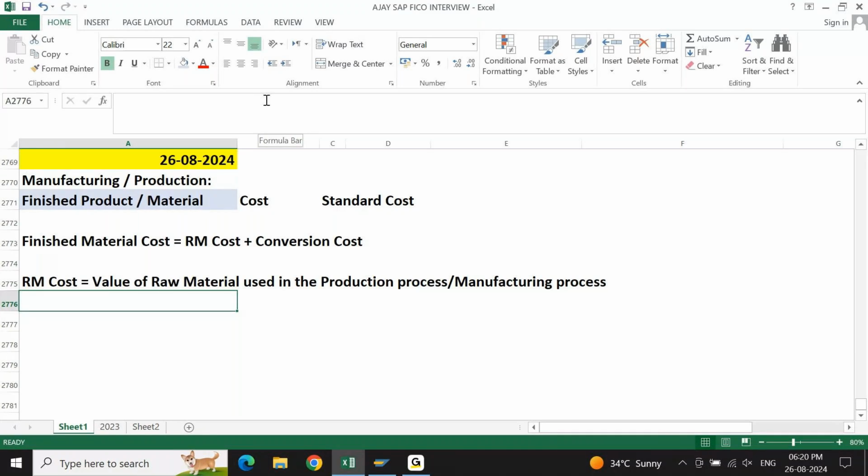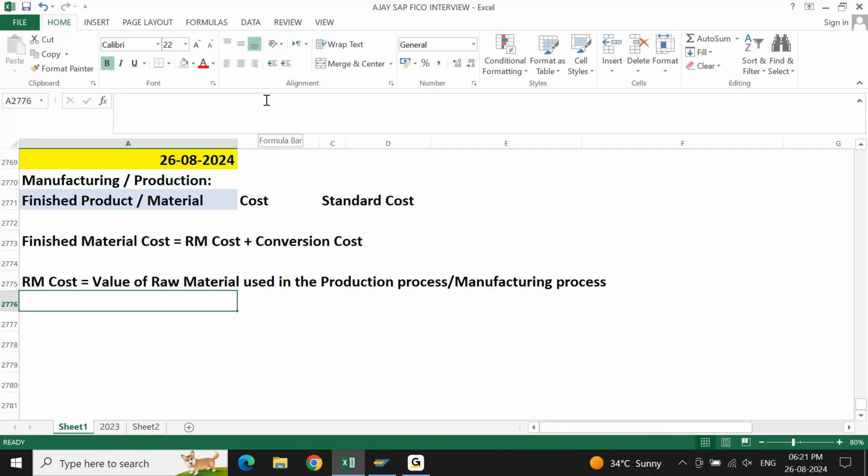That is taken care of during the purchase order, while calculating the landed cost. So it will be included in the raw material cost.